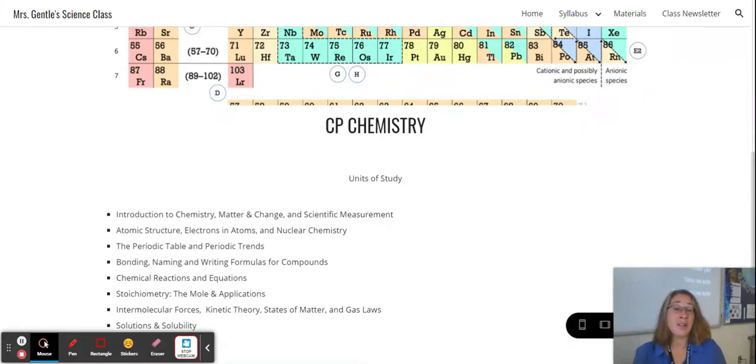And how those electrons influence the behavior of atoms, which leads right into the periodic table, learning about the periodic trends and how the structure of the atom impacts the periodic trends, how the structure of the atom impacts bonding, how atoms bond together and form compounds, and then how those compounds react with each other to have a chemical reaction, and how we write that chemical reaction as an equation.